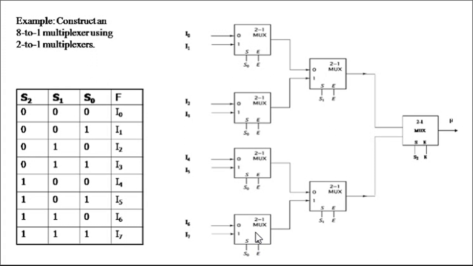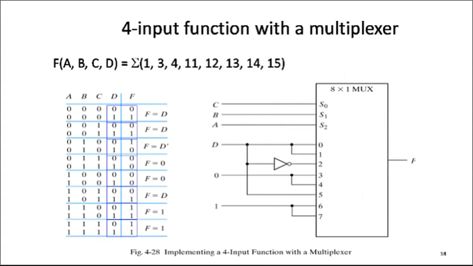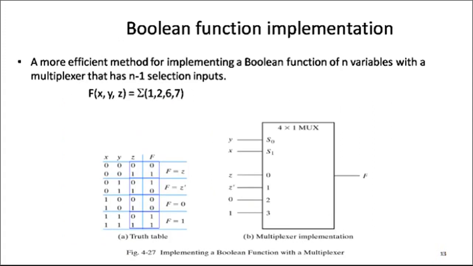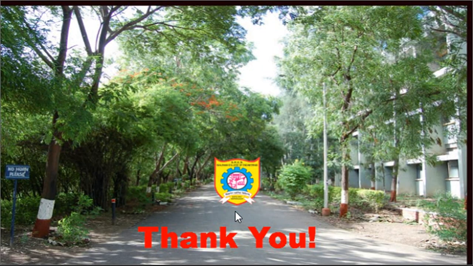Okay, so I hope we understood the multiplexer tree and how we can implement it. And here one example is given, a 4 input function with the multiplexer. The function is given, and how we can implement this function is shown in the table. I hope we understood the implementation as well as the mux.